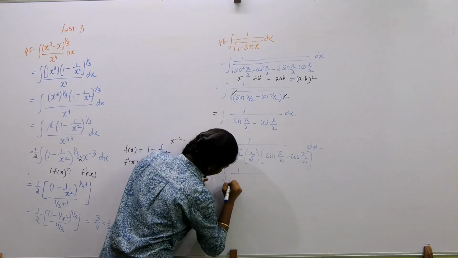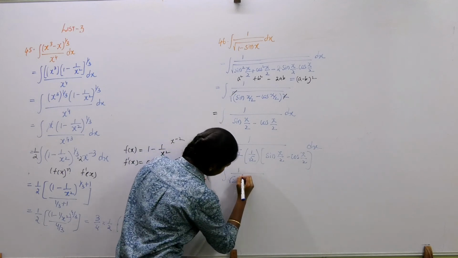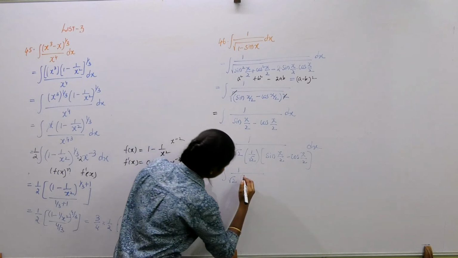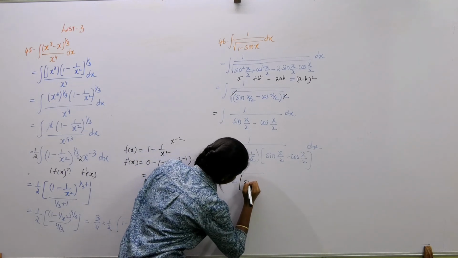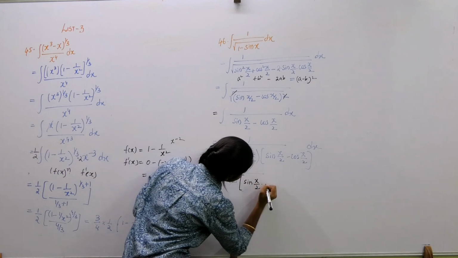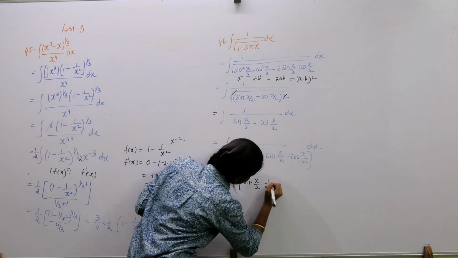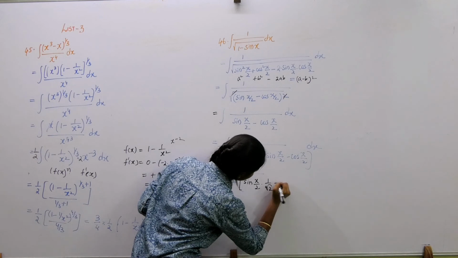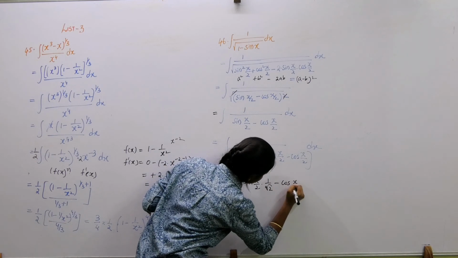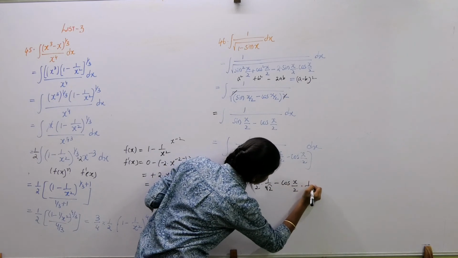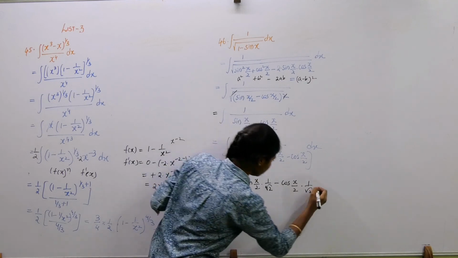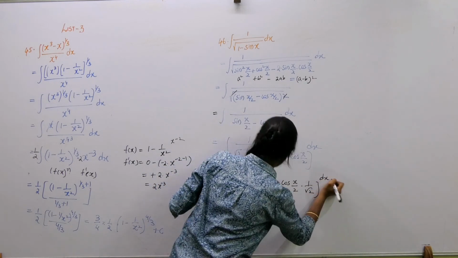We have integral 1 by root 2, sin x by 2 into 1 by root 2 minus cos x by 2 into 1 by root 2 dx.